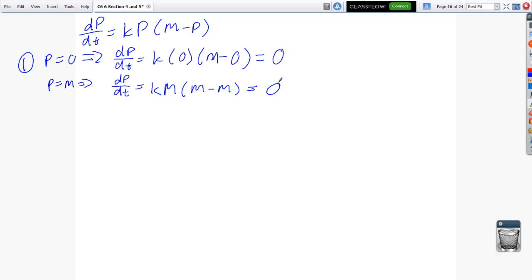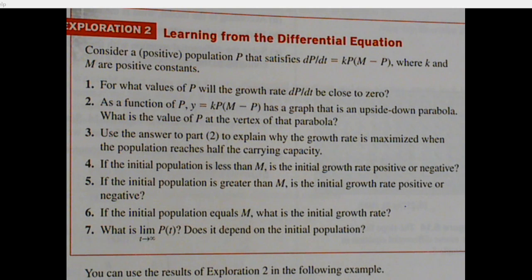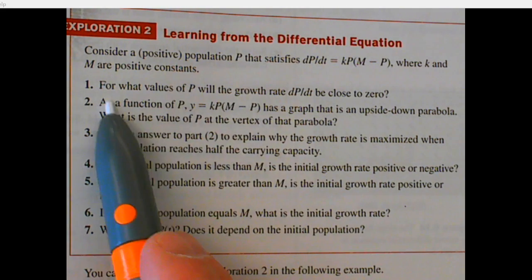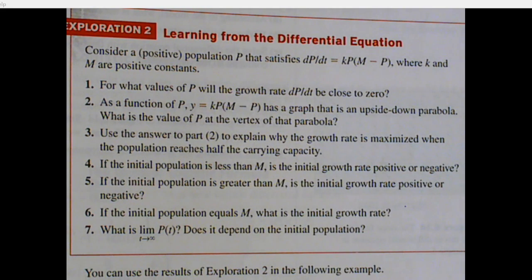So regardless of what my maximal carrying capacity is, growth rate is going to be equal to 0 at p equals 0 and p equals m. So that's the answer to number 1. One thing that you have to know is the growth rate is nothing when you have no population and when you reach your maximal carrying capacity.